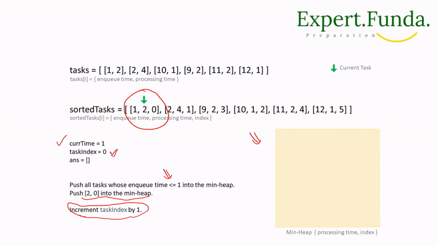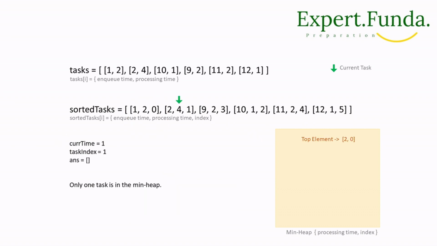So we have moved from here to here. Now the current time is 1, the task index is 1, and the top element arrives as 20, correct? So only one task is in the min heap, that is this one.